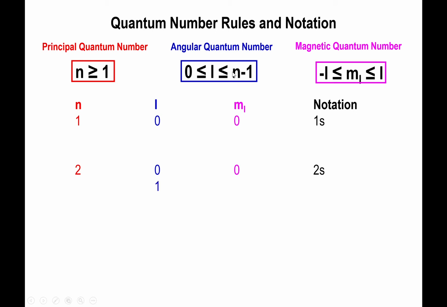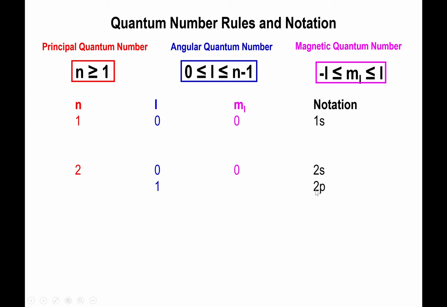But we still have the possibility that L could go up to 1. And for 1, here's where something interesting starts happening. If L equals 1, M sub L can go from minus 1 up to plus 1. So you have some possibilities. And also, because the value of L is 1, we're now dealing with a p orbital. So notice the notation, we're still on the second energy level, but we're now dealing with a p orbital.